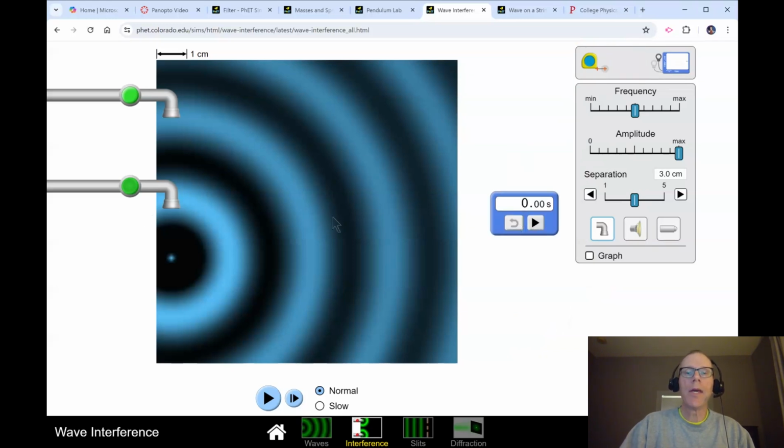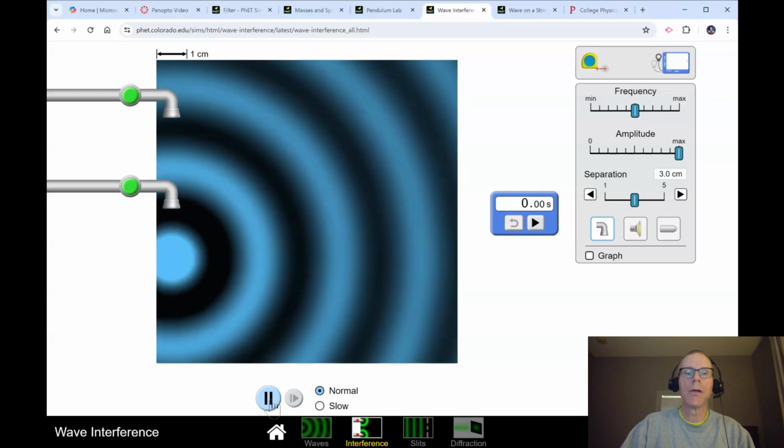And let's see the period of the wave. And we will check out when the wave passes through the wall here. Oops.